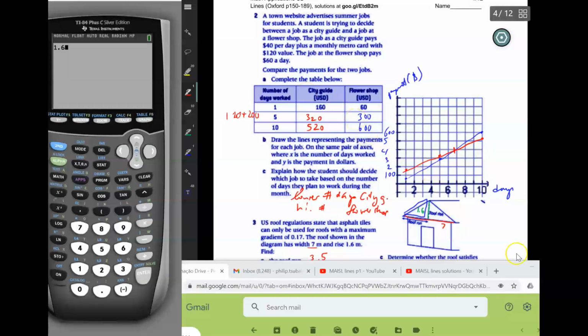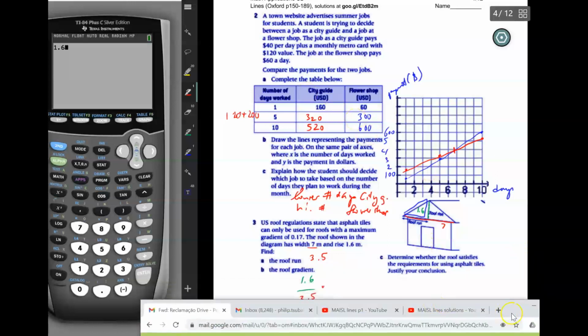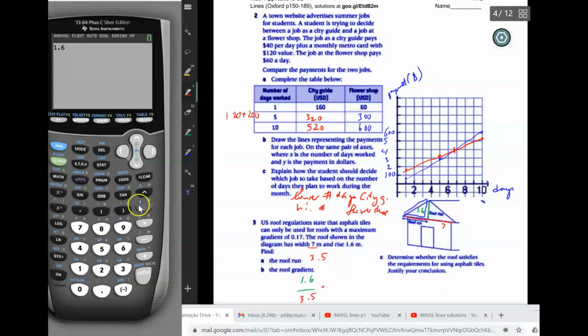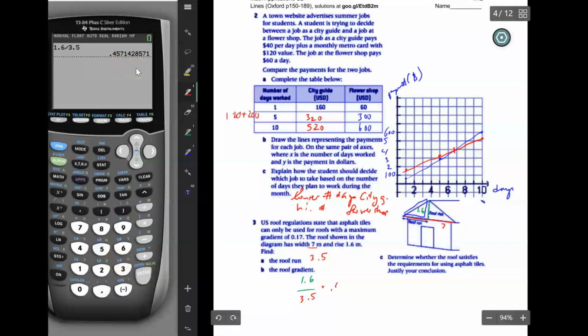So 1.6 divided by 3.5. So it's 0.457. Okay, so 0.457 is much greater than 0.17, right?